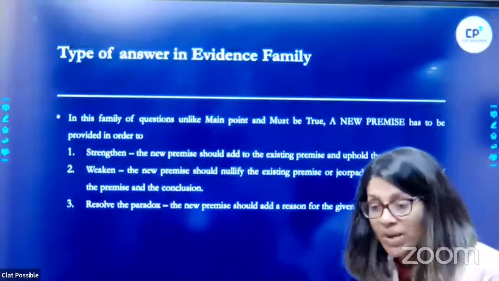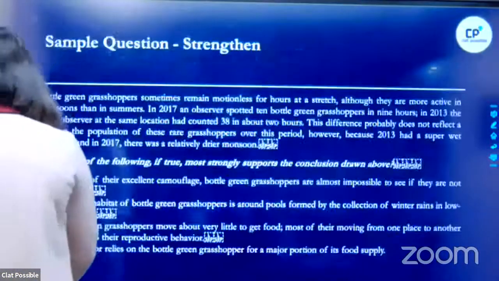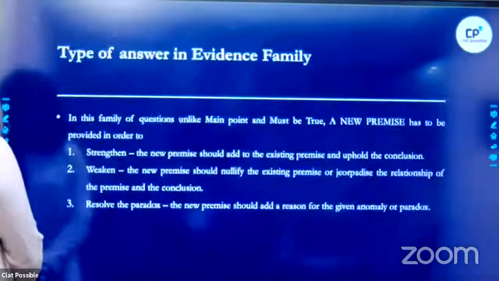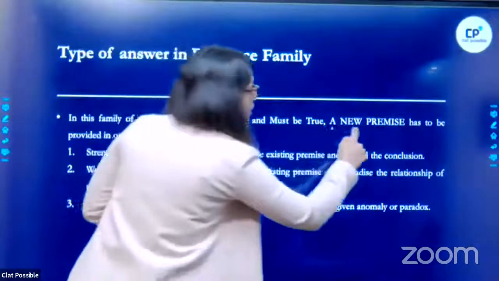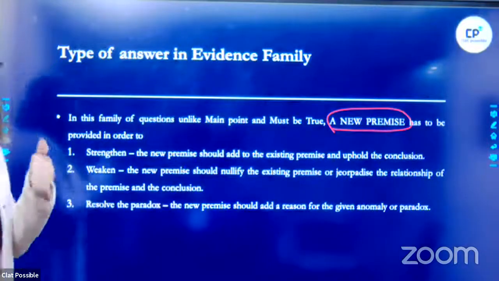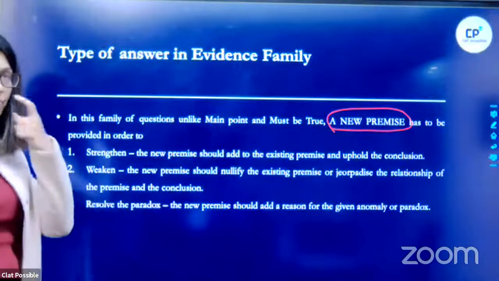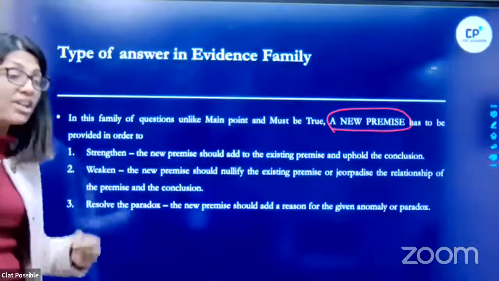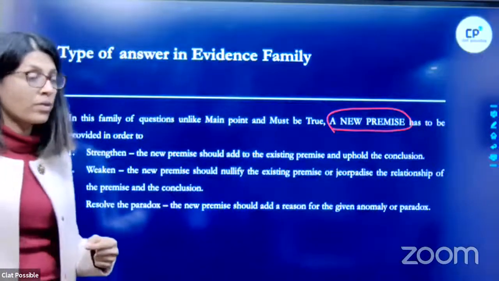In evidence family questions, please note, a new premise has to be given. In main point, I said no new information, no new information. Everything should be written in the main point question or be deducible from it.